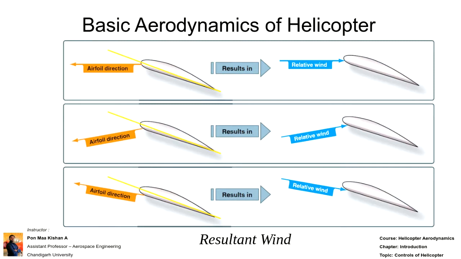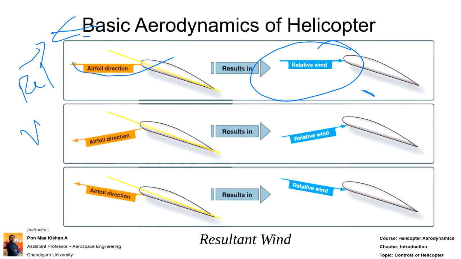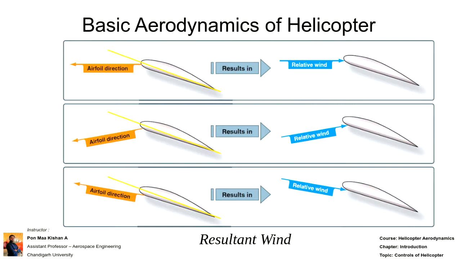Here we consider that the relative wind is exactly opposite to the airfoil direction. In aircraft, we study the flight path; if this is the flight path, the opposite is called the relative wind, which we take as V infinity. In the same manner, in a helicopter blade, the opposite of the rotation direction of the airfoil gives the relative wind.